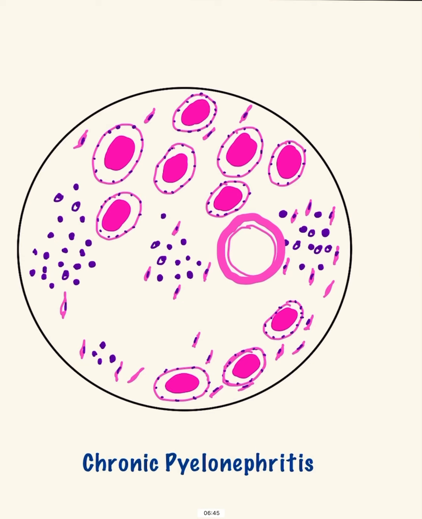Then we make the glomeruli with periglomerular fibrosis. So you make the pinkish fibrosis around the glomeruli, and you can make the nuclei of the fibroblast in it. Now here I am making a sclerosed glomerulus. The sclerosed glomerulus will have the fibrosis within the glomerulus also.